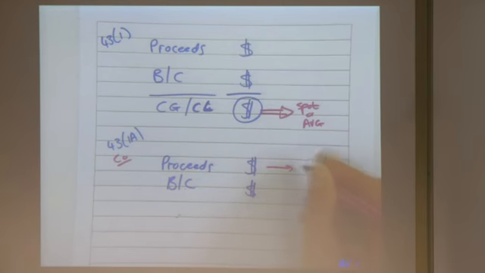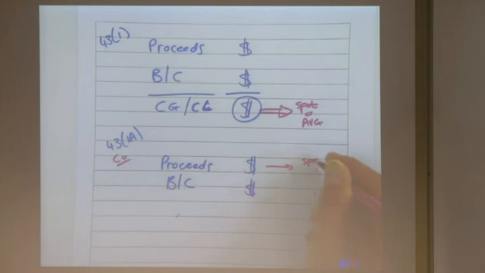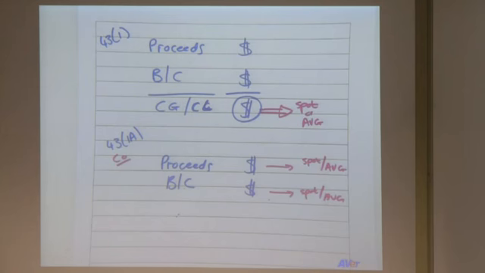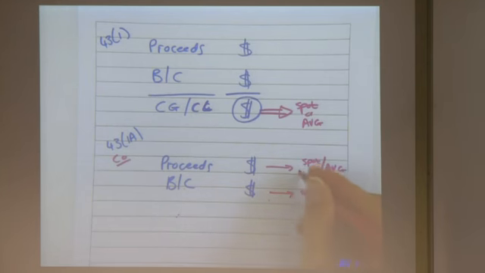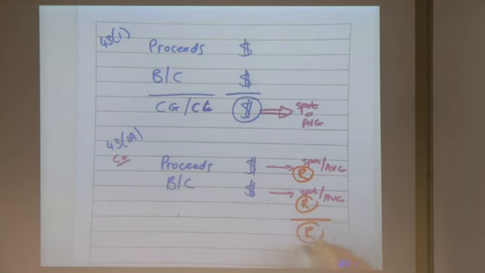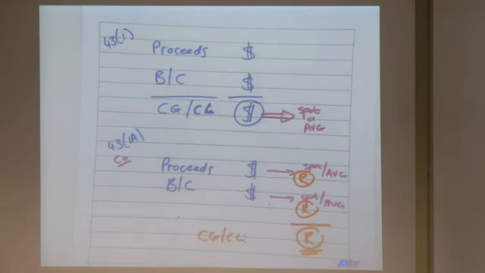Then I'm going to need to change that at spot or average, and I'm going to need to change this at spot or average, which means I will sit with a rand amount there and a rand amount there, and then I have my rand amount being my capital gain or my capital loss. Okay. So if one of those figures was already a rand amount, then I already have one of my answers. I just convert the other one.